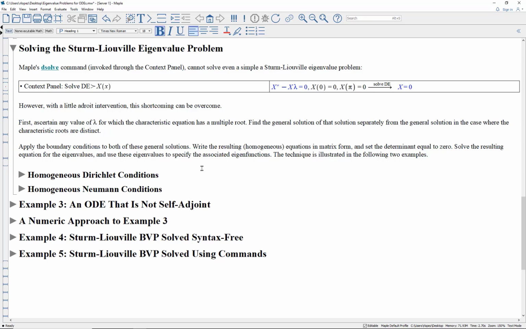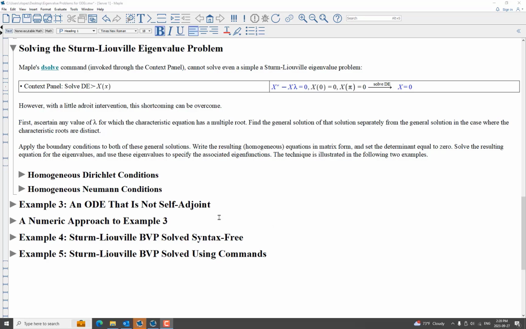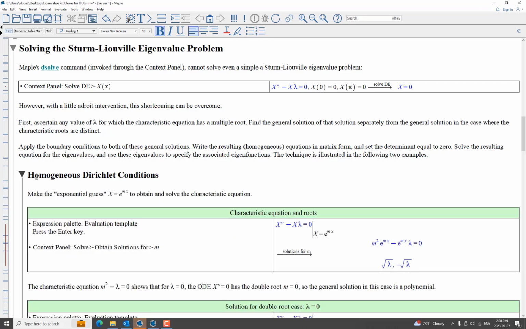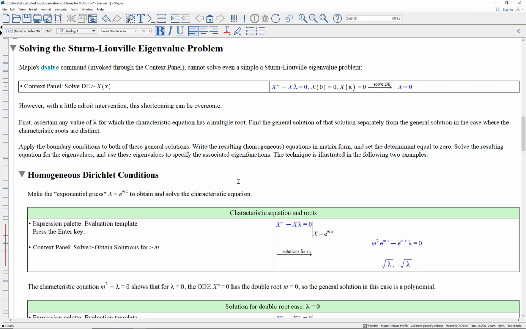So let's take the case where you have either Dirichlet conditions or Neumann conditions, both homogeneous. Let's take a look at this Sturm-Liouville problem with homogeneous Dirichlet boundary conditions. You want a general solution, so you make the exponential guess, plug it into the differential equation, and you get solutions for m, which turn out to be plus or minus the square root of lambda.